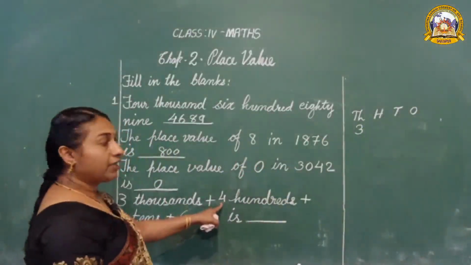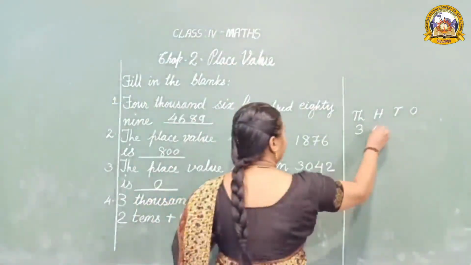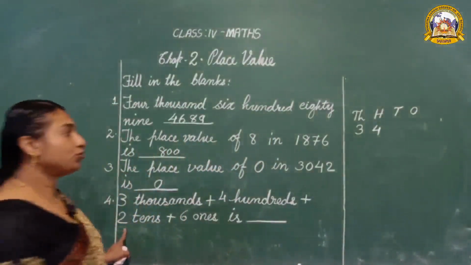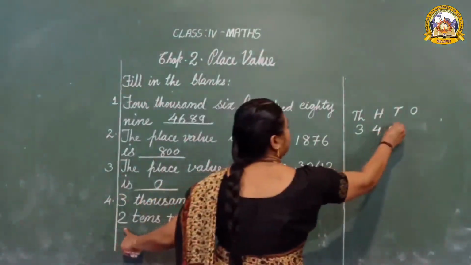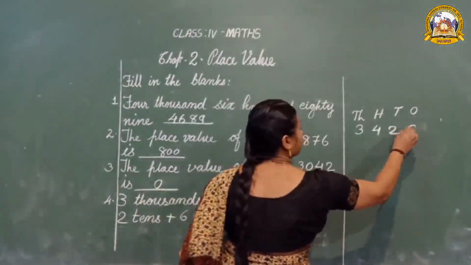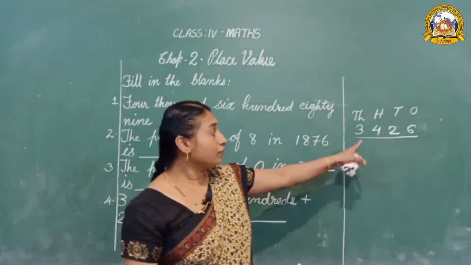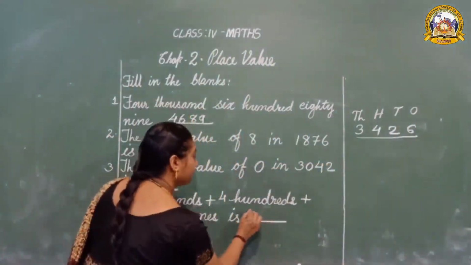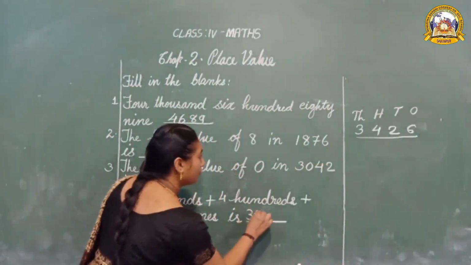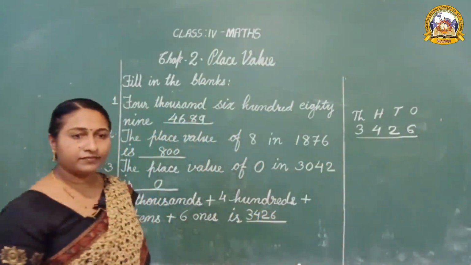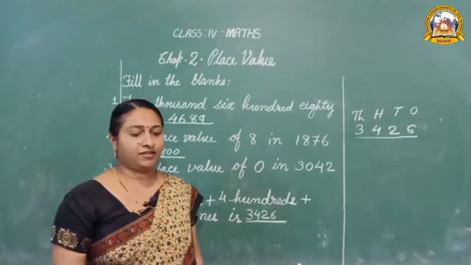Then under 100, 400. Then under tens, 2 tens. Then how many ones are there? 6 ones. Now we have found the number 3,426. Okay, did you get it?